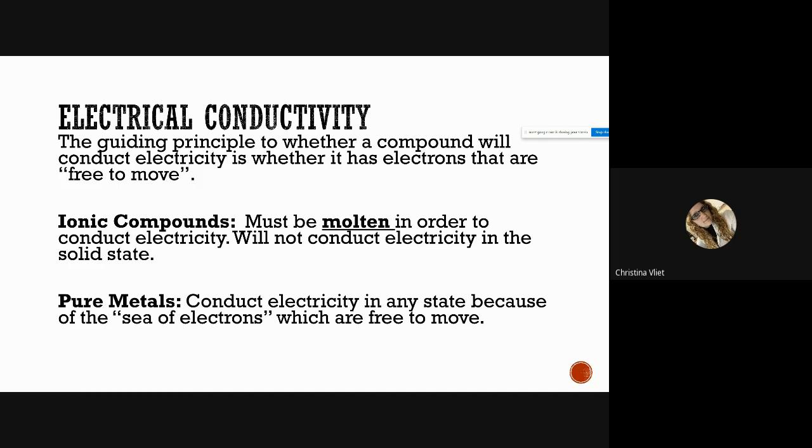Next thing is called electrical conductivity. There are a couple things you need to know about electricity in this class. I know electricity itself is a physics thing, but if you'll recall, chemistry crosses into both physics and biology. Here's what you need to know: electricity is defined as the flow of electrons.